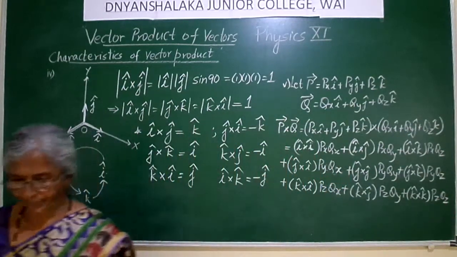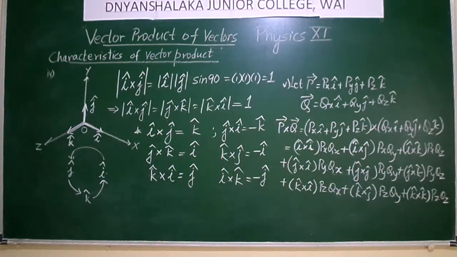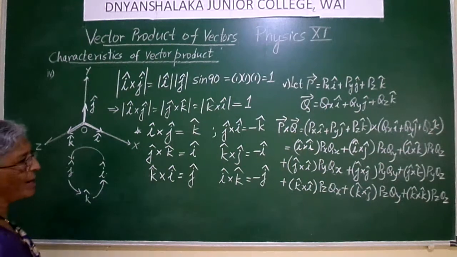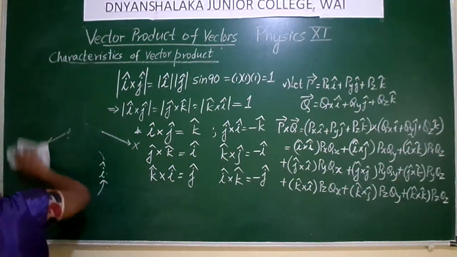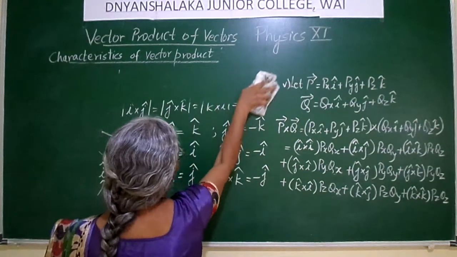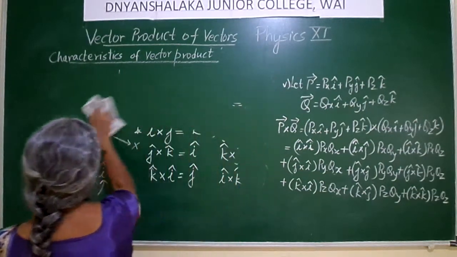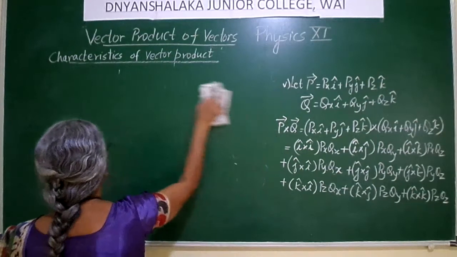Is it clear, everyone? Very good. Now we'll use the previous properties that we have done in vector product.